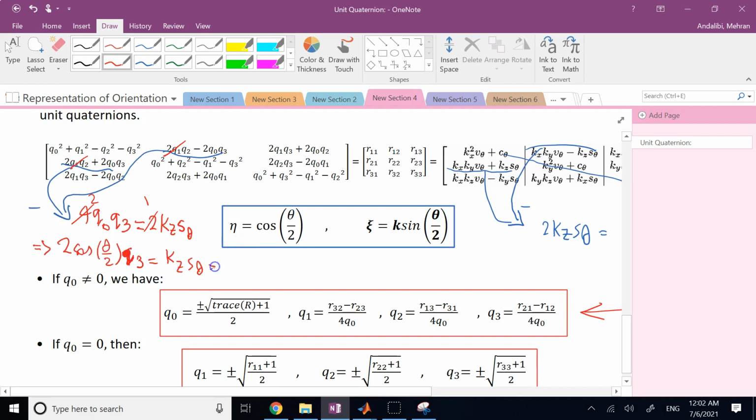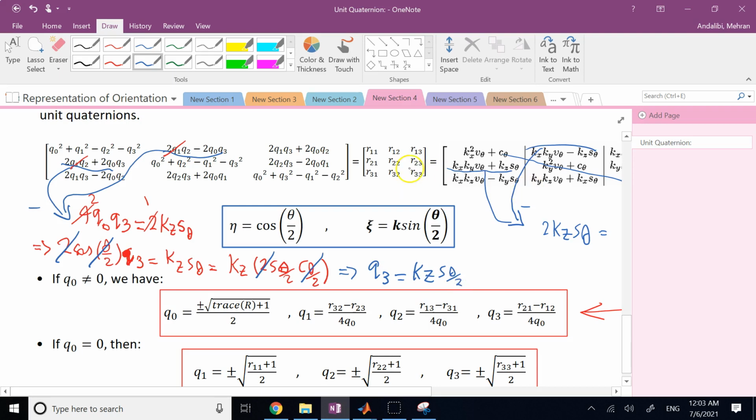And what is sine of theta based on the cosine and sine of half angle? If you know, it is equal to 2 sine of half angle times cosine of half angle. And now if you simplify a cosine of half angle times 2 from both sides, you clearly can see that q3 is kz times sine of half angle.